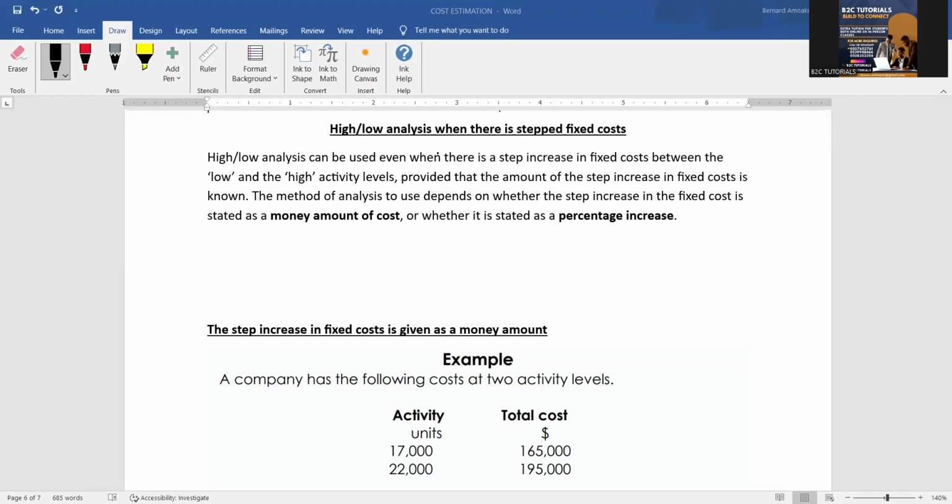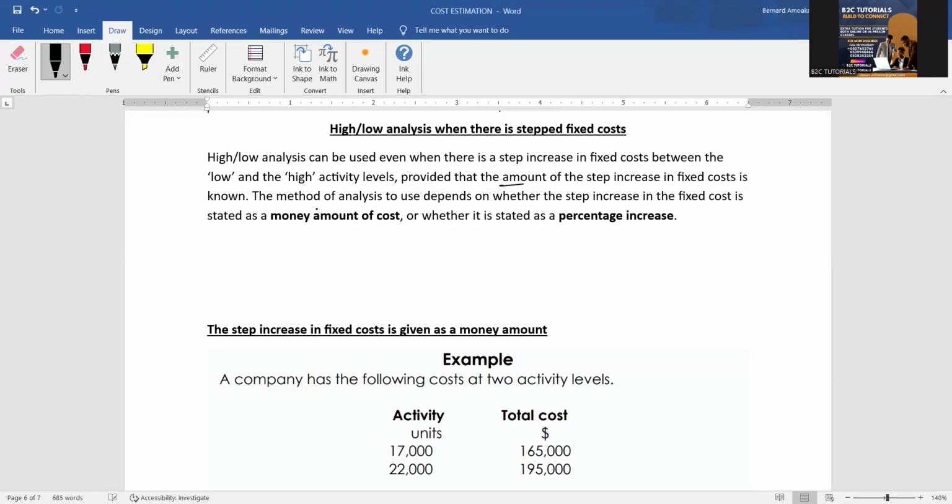So it reads, high and low analysis can be used even when there is a step increase in fixed costs between the low and the high activity levels, provided that the amount of the step increase in fixed costs is known. So provided that we know the amount.